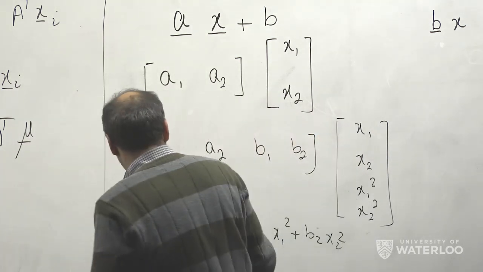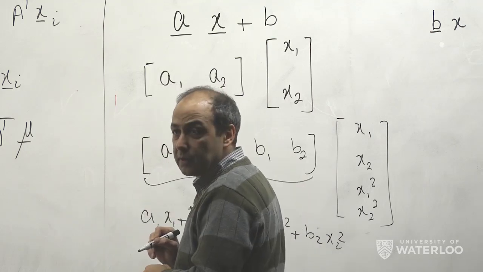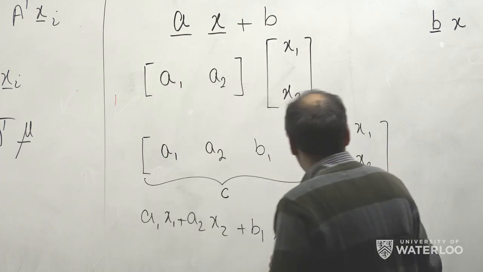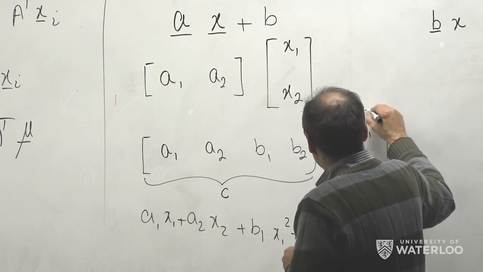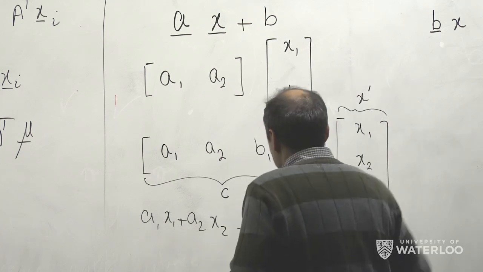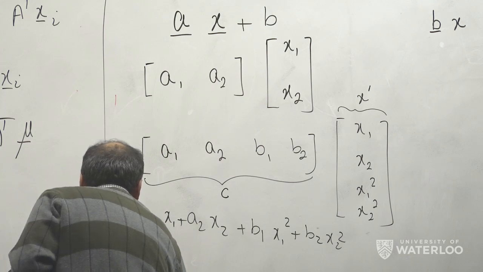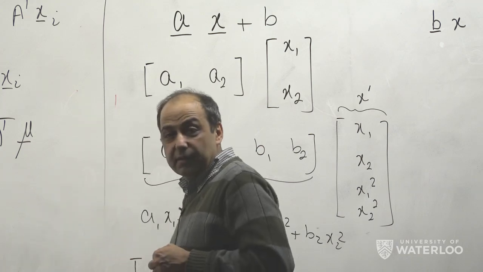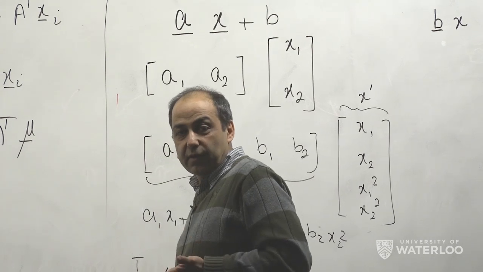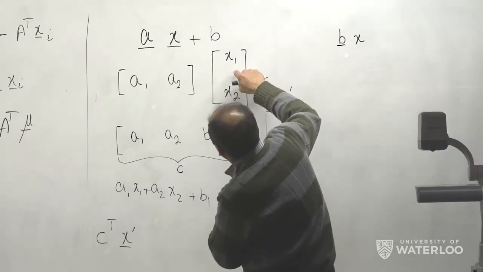My function, let me call this new augmented coefficient c and this new augmented data x prime. c transpose x prime is linear. Right? It's just a linear function. But in fact, it is nonlinear on x.